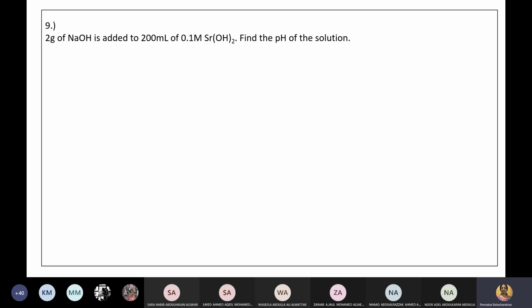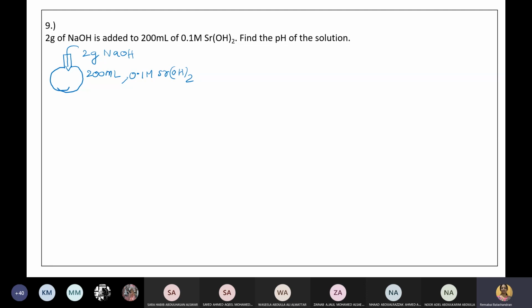Okay, so look. Suppose in a vessel we have 200 ml of 0.1 molar Sr(OH)2. To this, I'm adding 2 gram NaOH.